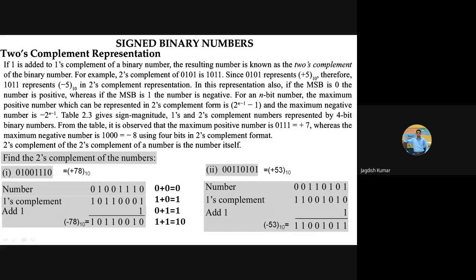Now, since the 2's complement is 53, what should this number have been, which I have given you? This number should have been minus 53. I hope you got the idea or not. How many of you got how to check a number in 2's complement form?